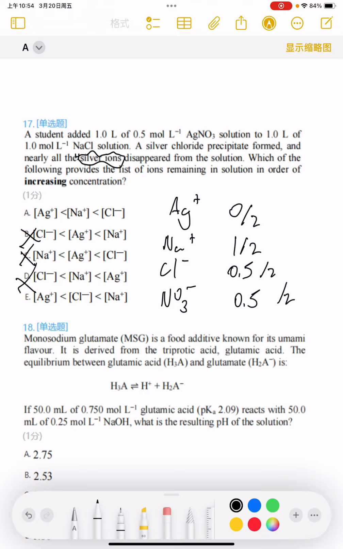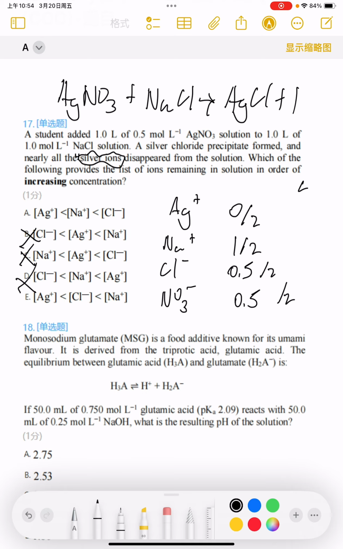We can see that this is a perfectly balanced equation, so we don't even have to balance it. So the concentrations at the end will be 0, 0.5, 0.25, and 0.25. So we can see that the answer is going to be E.